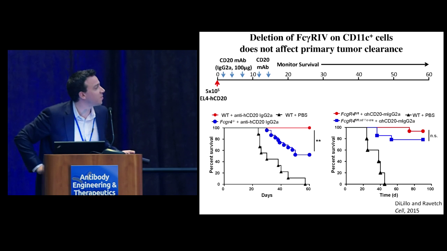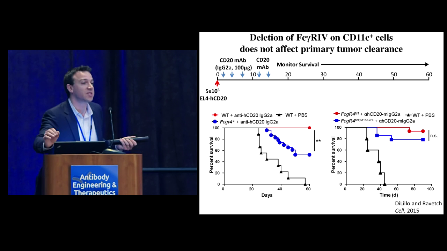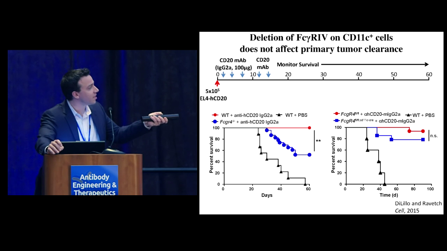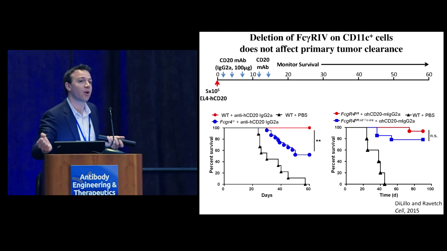But if you do the same experiment in mice lacking FcγR4 specifically on dendritic cells, you can see that the survival curves are exactly the same between R4 flox and R4 flox CD11c Cre mice, indicating that FcγR4 on dendritic cells is not required for tumor clearance through cytotoxicity by CD20 antibody.